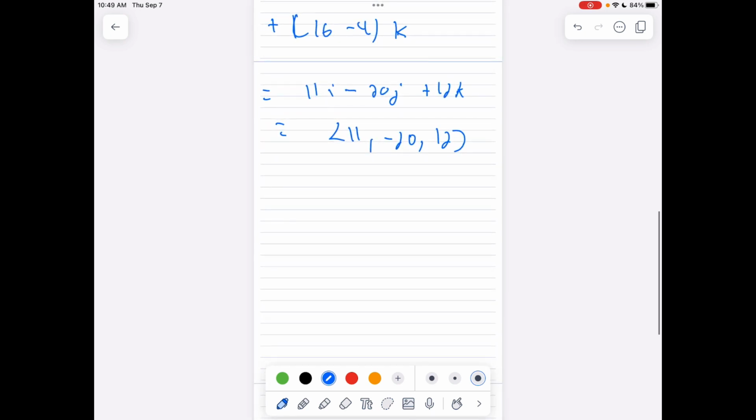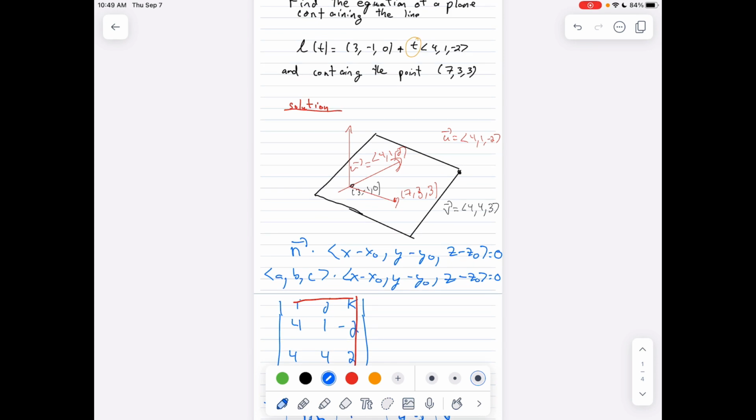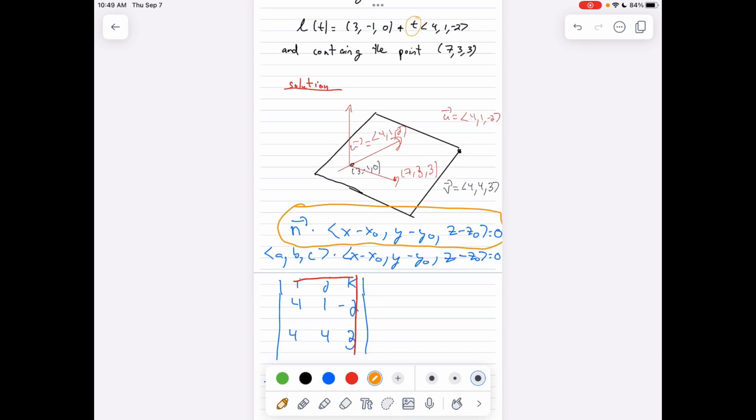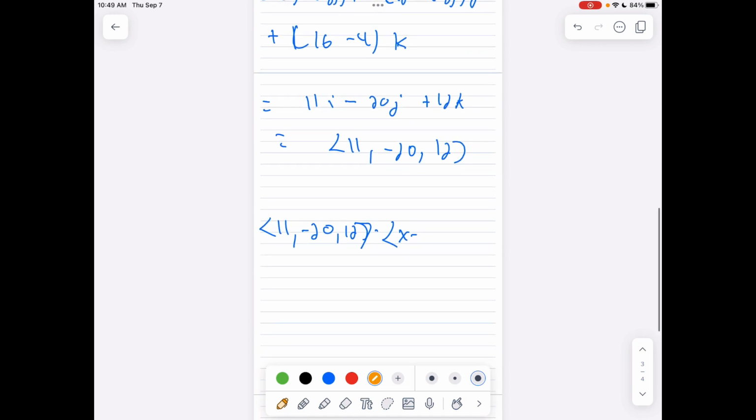Once you have your normal vector, you dot this with the vector we made that's on the plane, the one I had earlier, which was x minus x naught, y minus y naught, z minus z naught. And what's x naught, y naught, z naught? That's just a point that's on the plane, so (7, 3, 3) is a candidate for that.